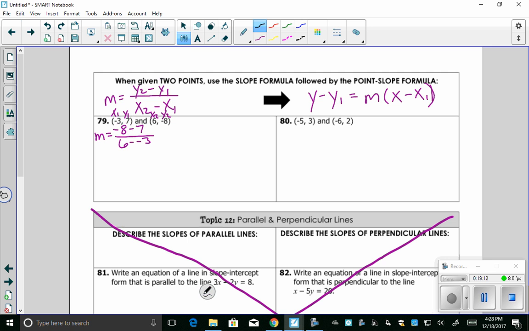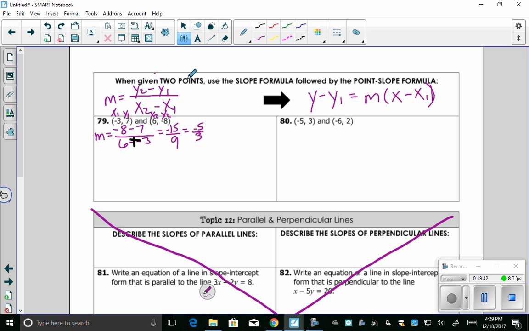Double negatives, change it. -8 minus 7 is going to be -15 divided by 9. This will reduce. A number that will go into both 15 and 9 is 3. So I'm going to have -5/3 as my slope.